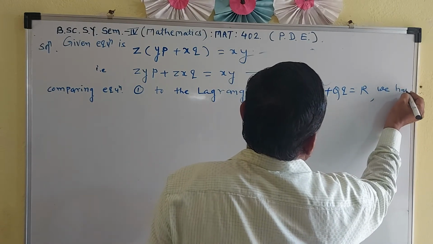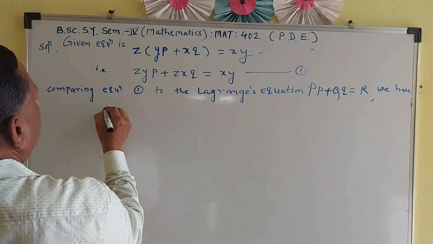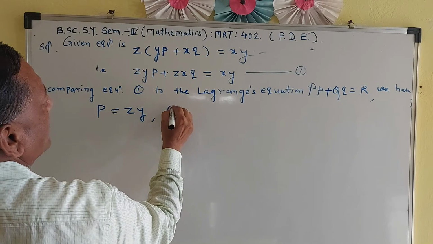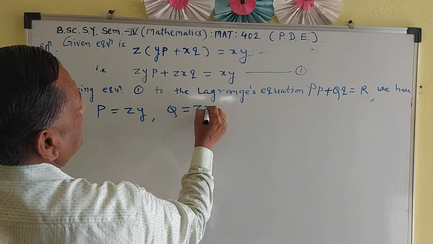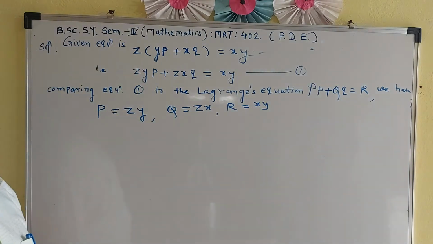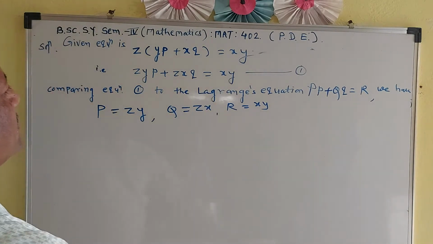We have, now, what is here capital P? Capital P is zy, capital Q is zx, and capital R is xy. So by grouping method you solve this equation.